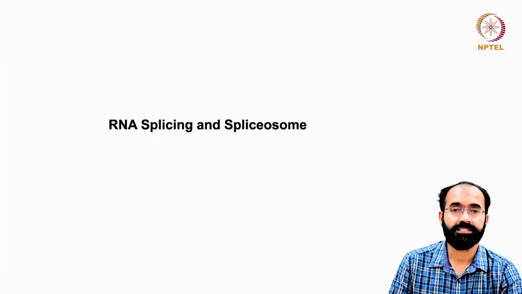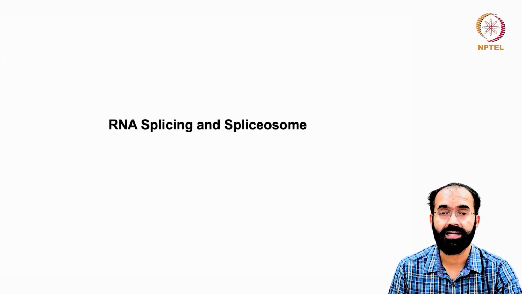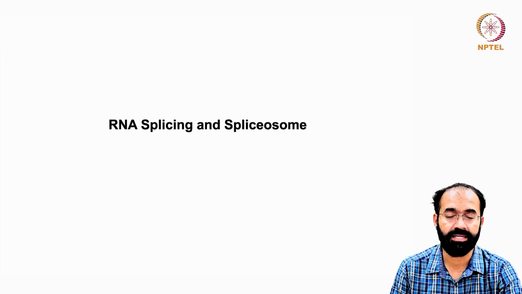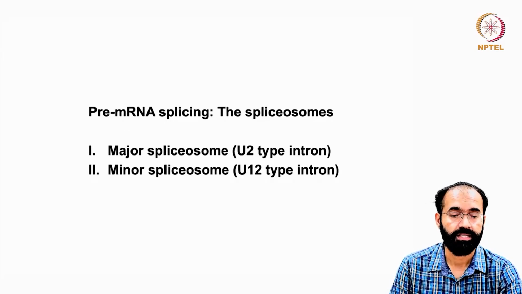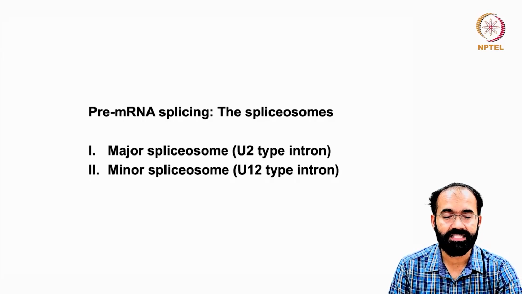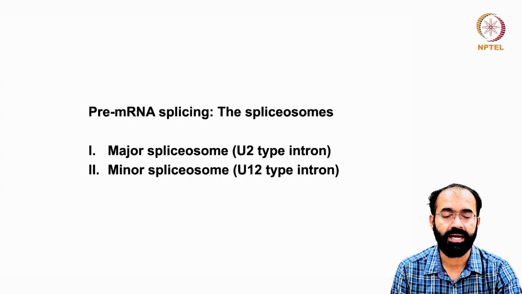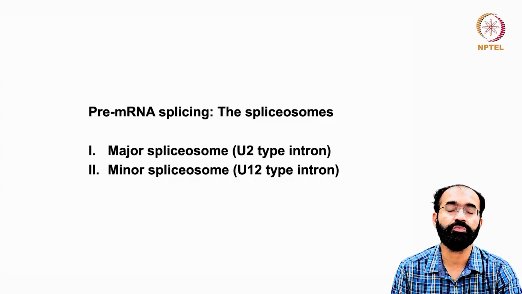And now let us look into RNA splicing a little bit more in detail, with the spliceosome in focus. Pre-mRNA splicing is broadly classified into two: one via the major spliceosome and another via the minor spliceosome. The major and minor names have nothing to do with their size but are based on their frequency.